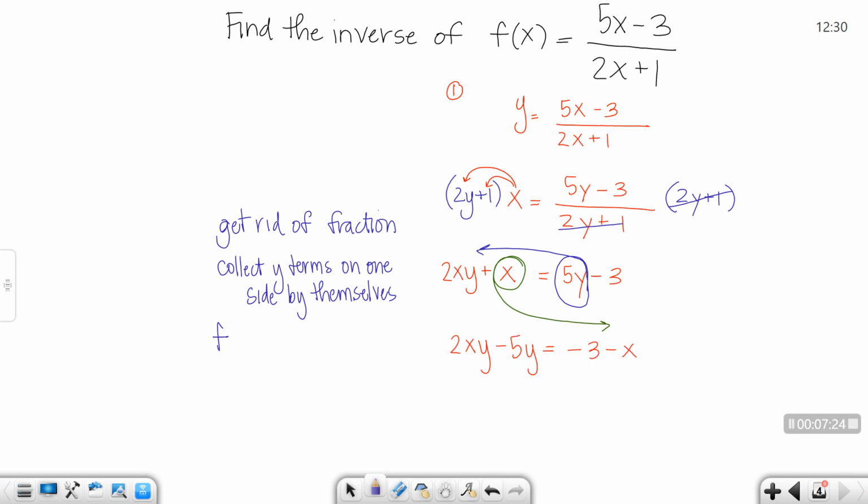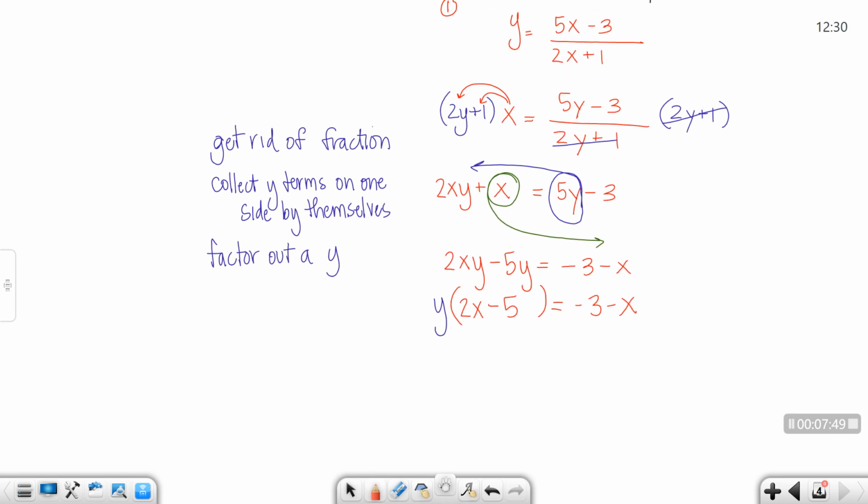The next thing that you want to do is factor out a y. Now, it may have something else in common too, but all I want you to do is factor out the y. So if I take a y out of this expression, it leaves me with 2x minus 5 left over. Now remember, my whole goal for this step was to get y by itself.